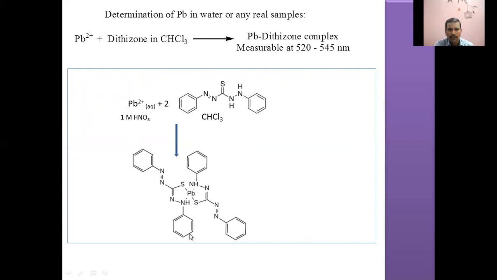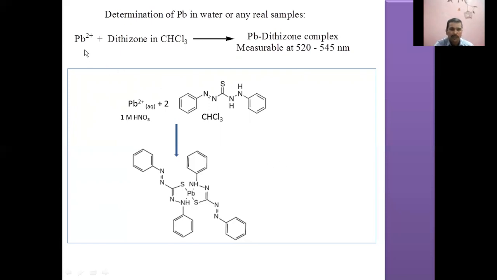The chloroform layer will be pink in color due to the lead dithizone complex. Its stoichiometry is 1:2 with respect to lead and dithizone. So the absorbance of lead dithizone complex at 520 to 545 nanometer is proportional to the concentration of lead in water. So spectrophotometry utilizes liquid-liquid extraction.